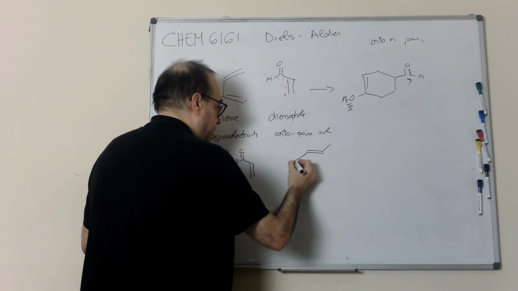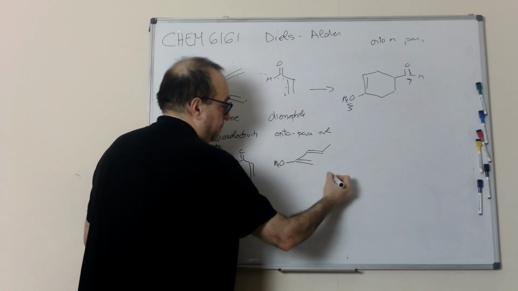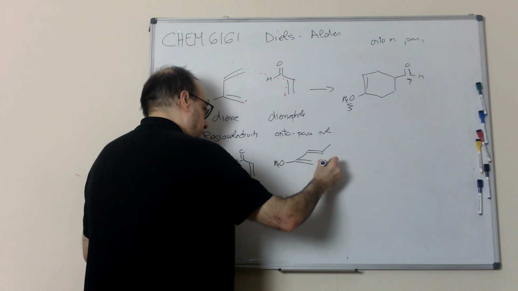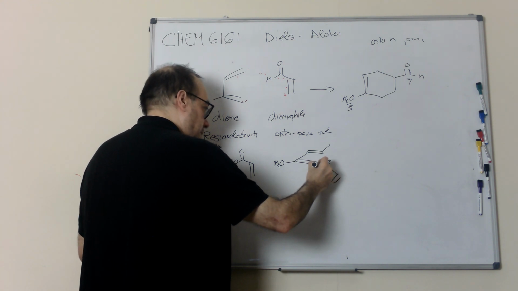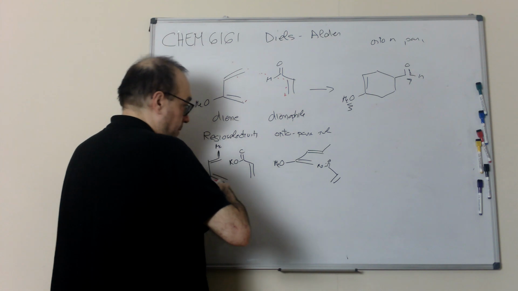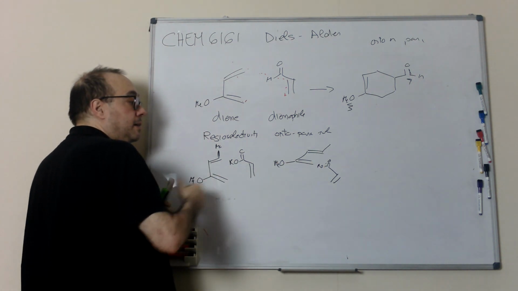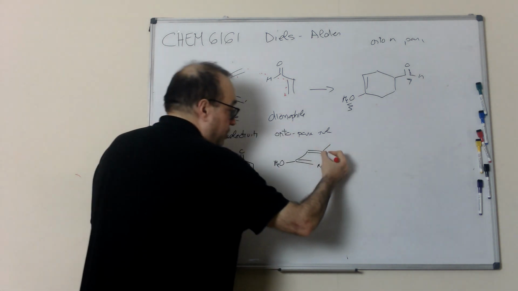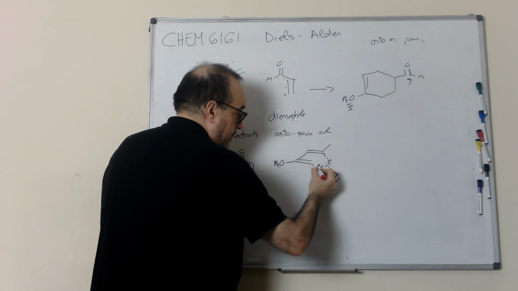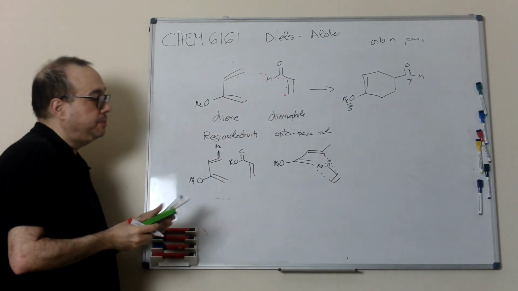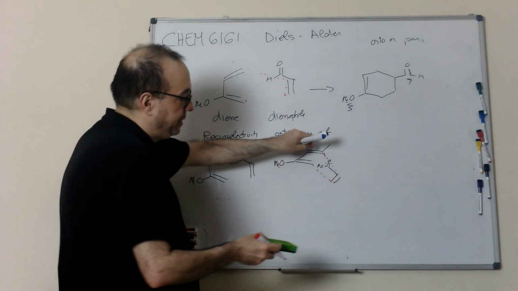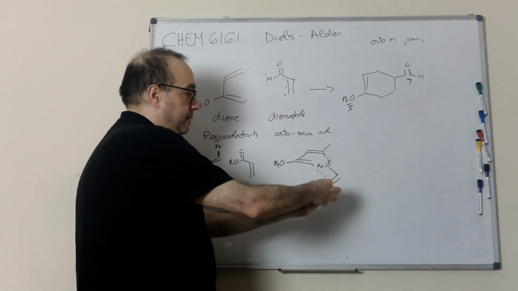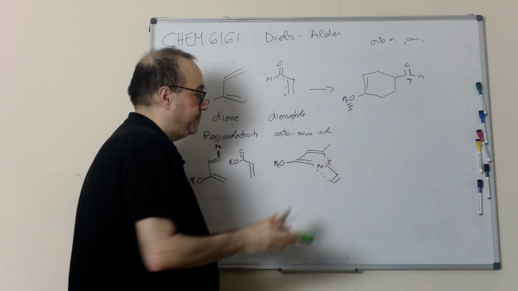Okay, this will be the transition state. We draw the ester going inside the diene because we have the endo approach. This is perpendicular to a plane, this is perpendicular to a plane, with the ester just going inside.